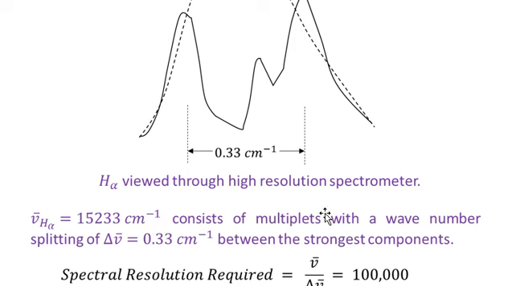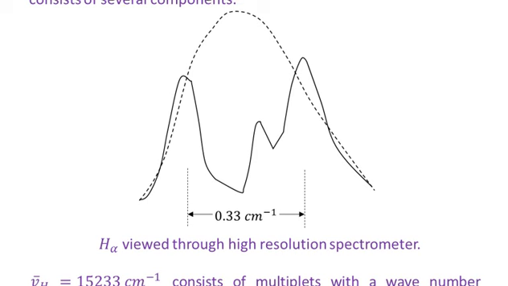And this line consists of multiplets with a wave number splitting of delta nu bar equal to 0.33 centimeter inverse between the strongest components. So you see that between the strongest two components, I have shown that the separation in terms of the wave numbers is 0.33 centimeter inverse.